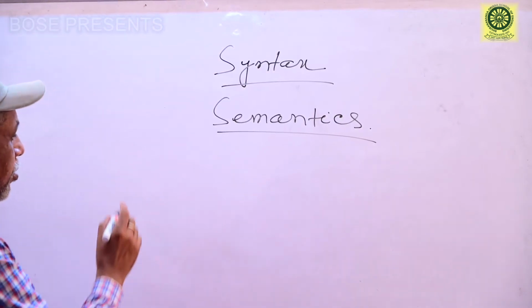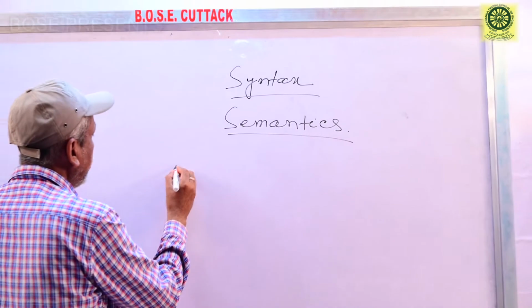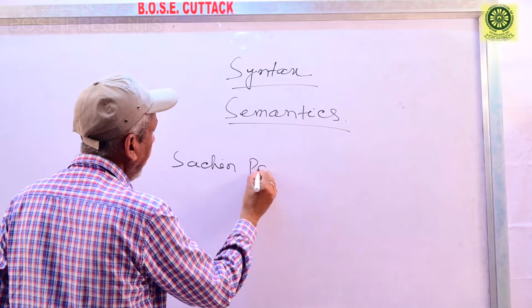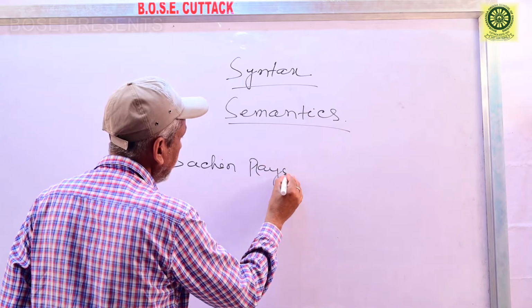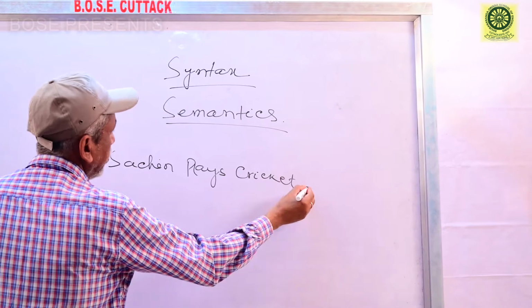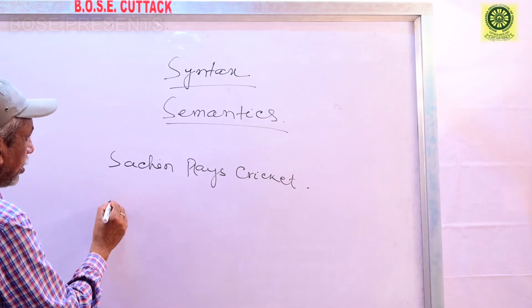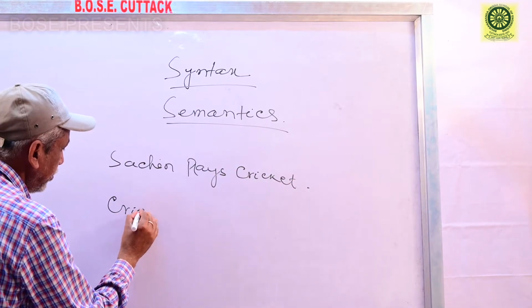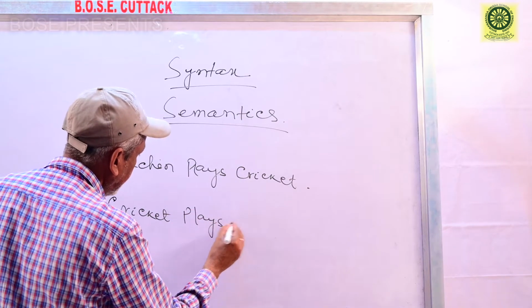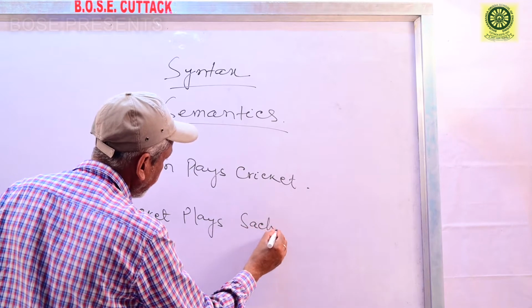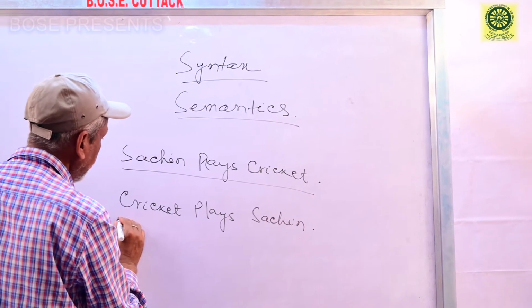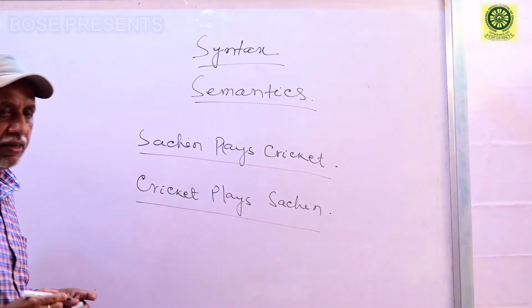In English: Sachin plays cricket. Cricket plays Sachin. So this is one statement in English, and this is another statement in English.